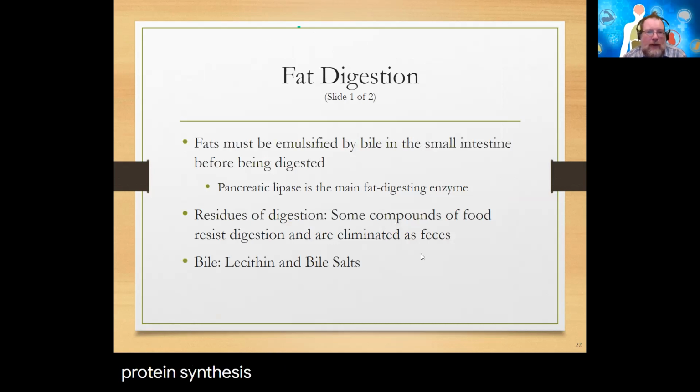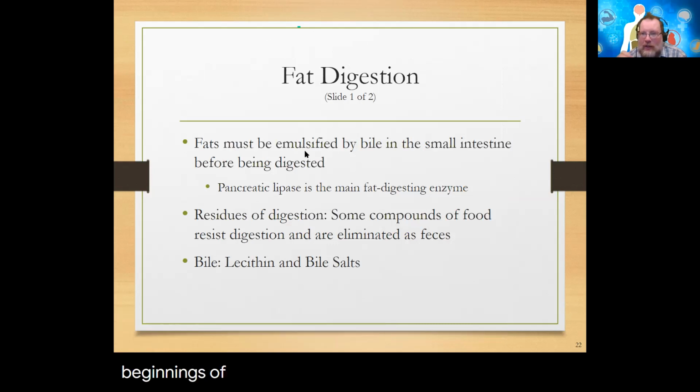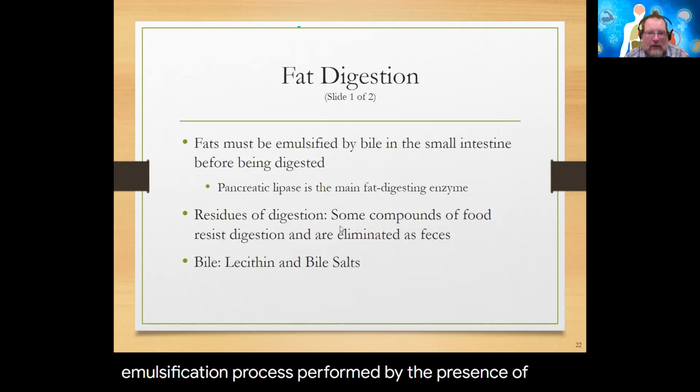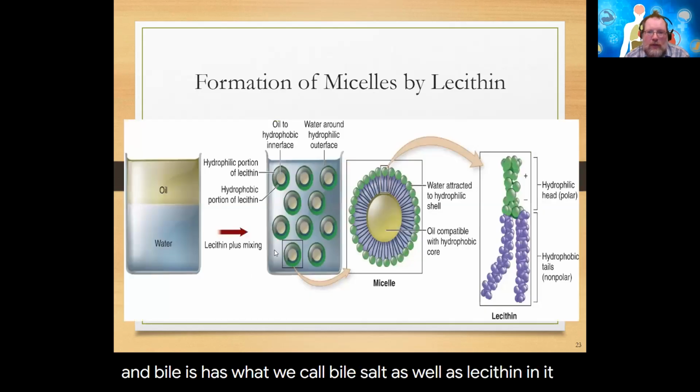Fat digestion, we're going to see the beginnings of fat digestion in the duodenum or the small intestine. Okay. This is where we're going to see this emulsification process performed by the presence of bile. And bile has what we call bile salts as well as lecithin in it. And what we're going to get are these little micelles.